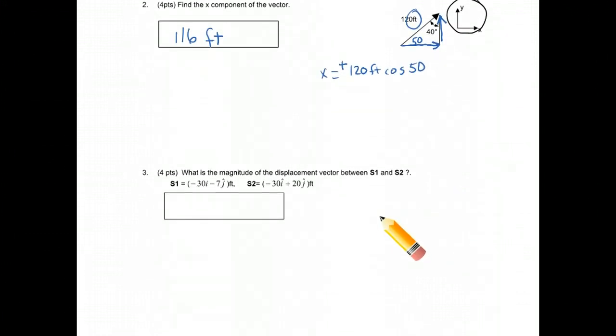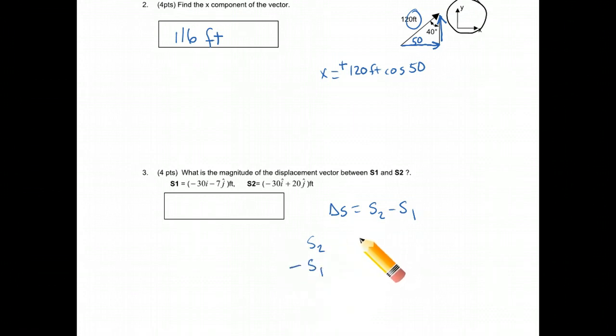What's the magnitude of the displacement vector between S1 and S2? So the displacement vector we labeled as delta S, and it would be S2 minus S1. We're given those in component form. So let's write them out, S2 and S1.